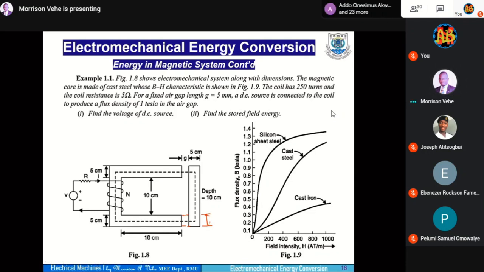I'm going to have 5. So 5 centimeters. Also, the same applies to this area also. Okay, so we also have 5 centimeters. That is this, and maybe that's.